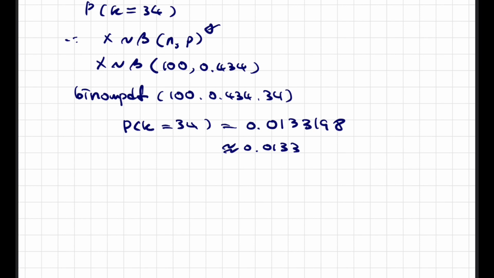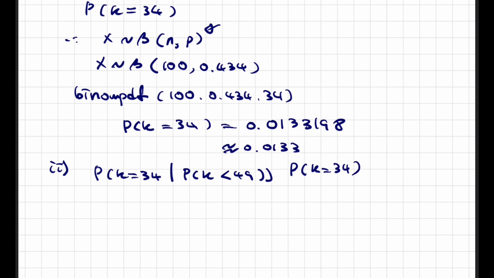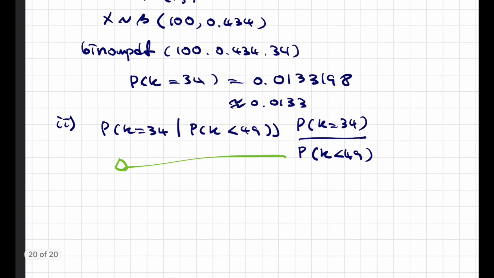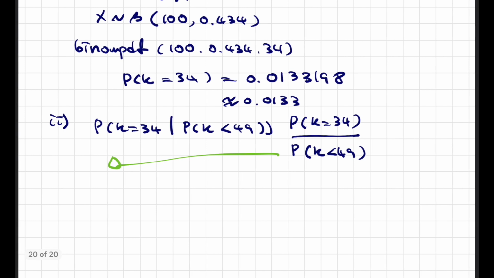We're going to find P(K = 34 given K < 49). So we're going to do P(K = 34) over P(K < 49). First we're going to calculate the probability that K is less than 49.